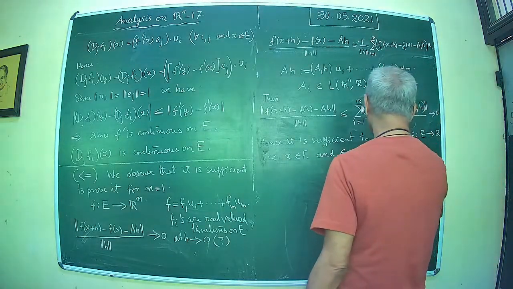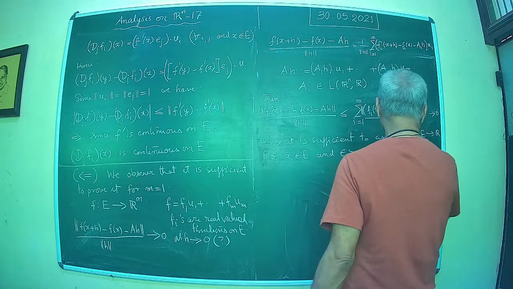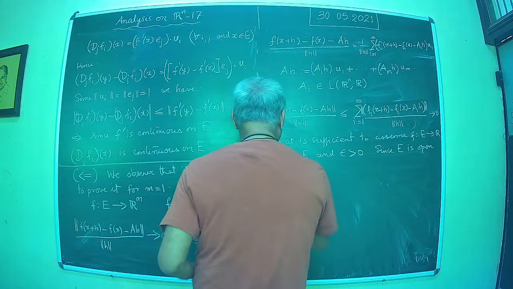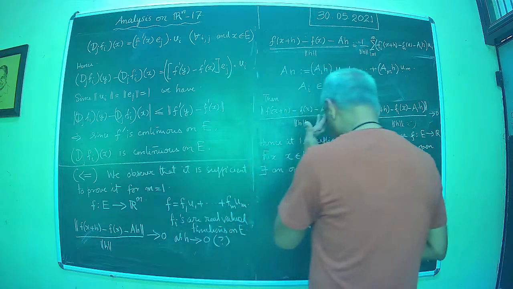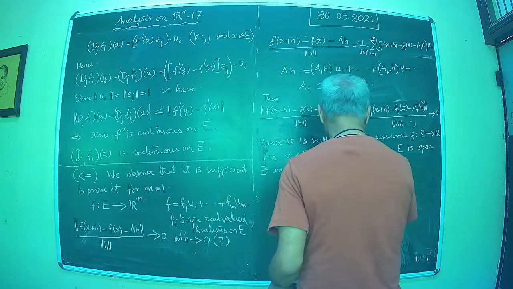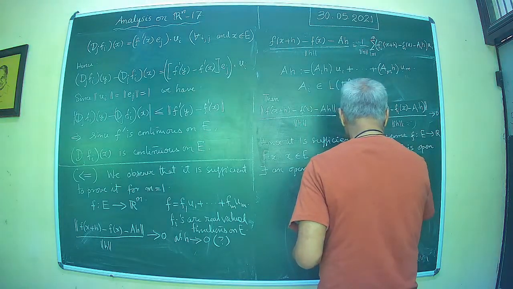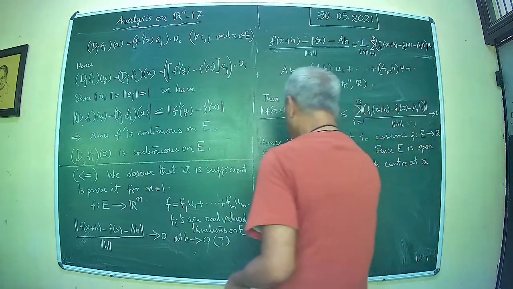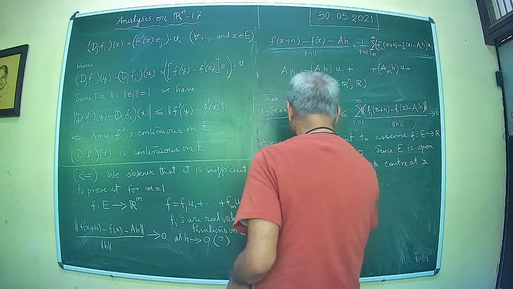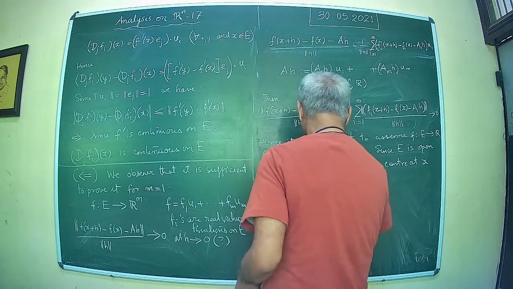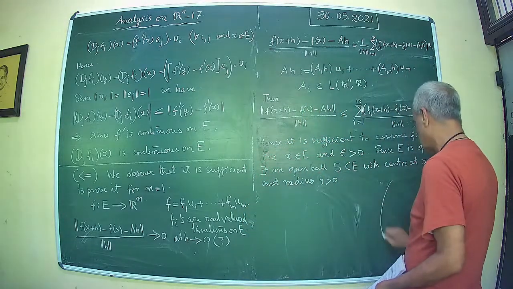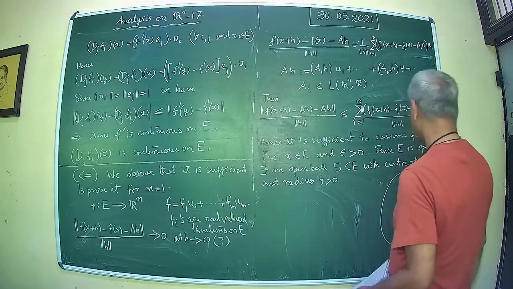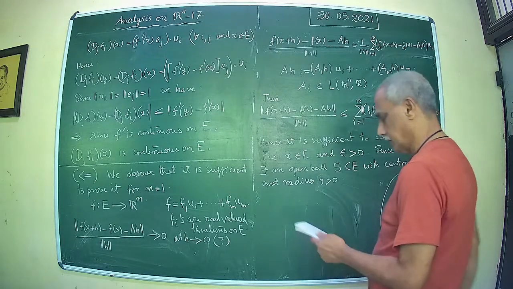So since E is open, there exists an open ball with center at x and radius r.